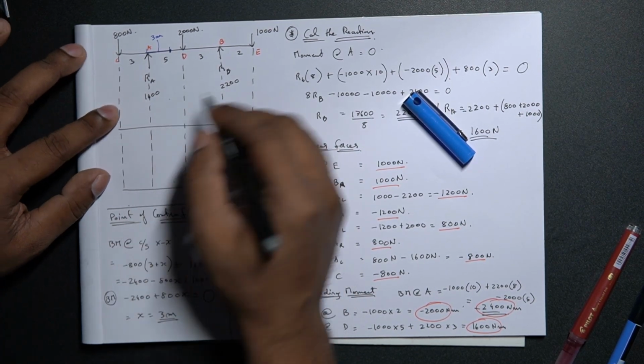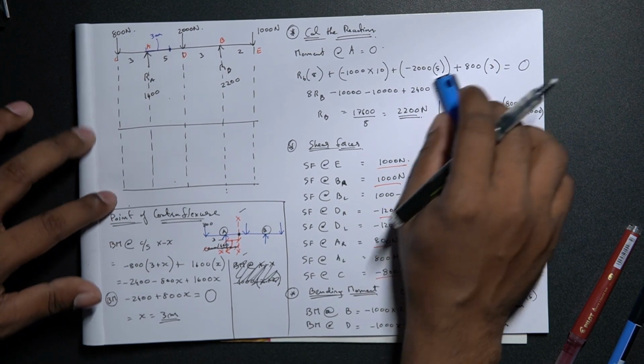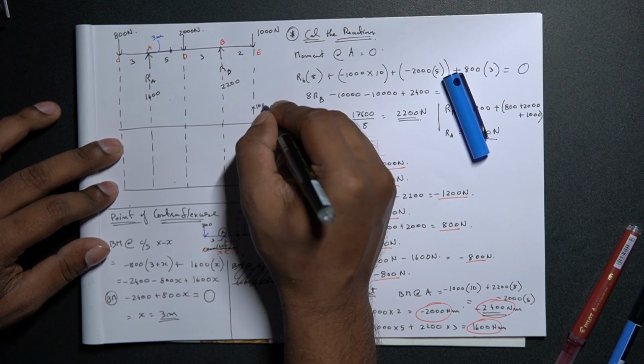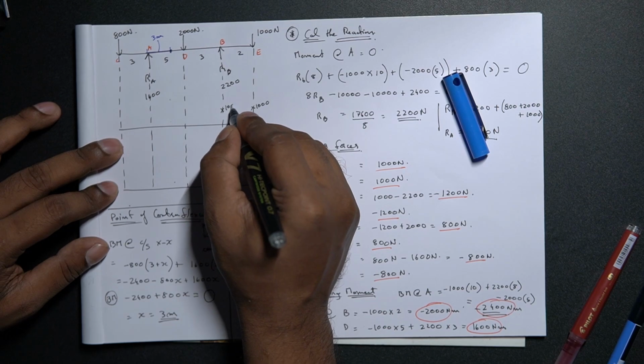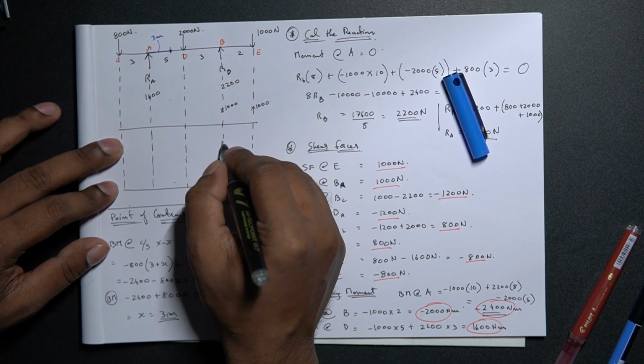Shear force at E is 1000 newtons, so it's positive 1000. Then we have at B right again 1000. Then B left we have minus 1200, so that goes down here, minus 1200.